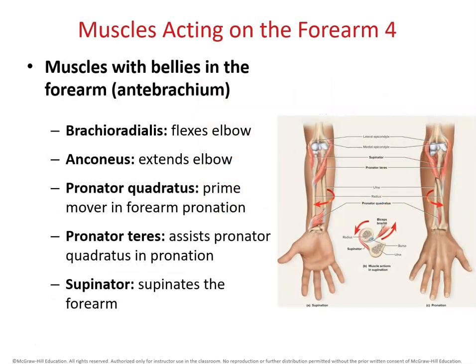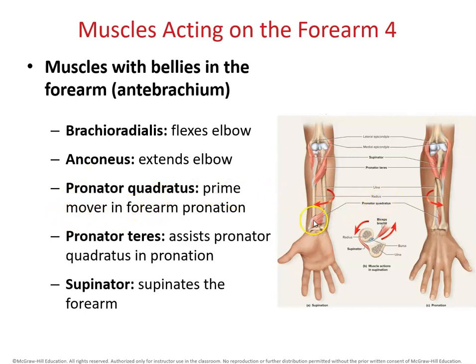In the forearm, we have 5 muscles that are most important. Okay, so the brachioradialis, we talked about that one just a minute ago. Then the anconeus. Okay, so your anconeus is involved in extending the elbow. I don't believe it's in this picture here, so check out other pictures to see that one. The pronator quadratus.